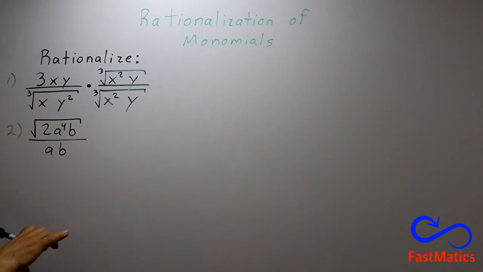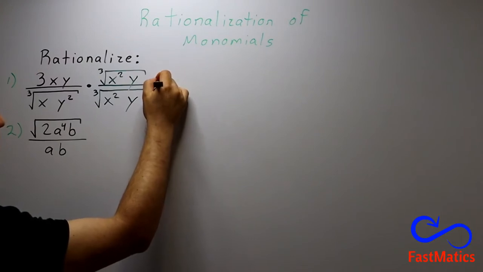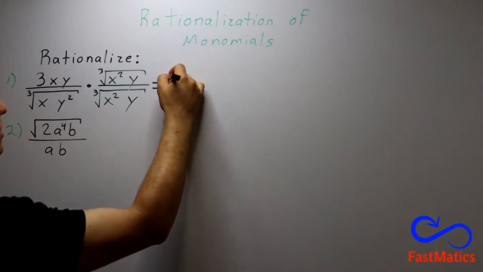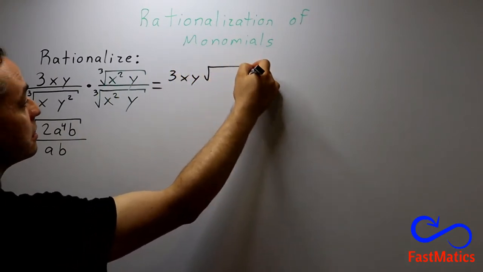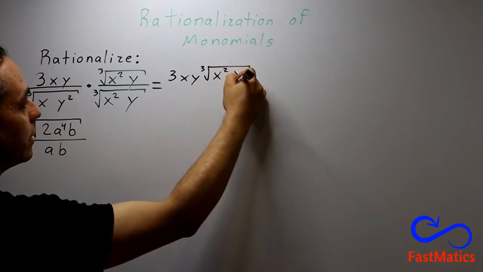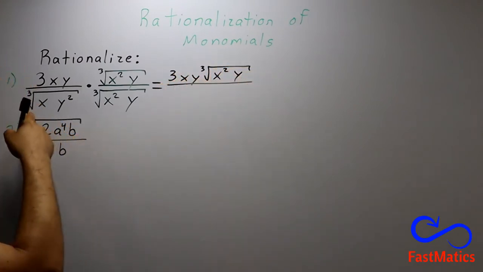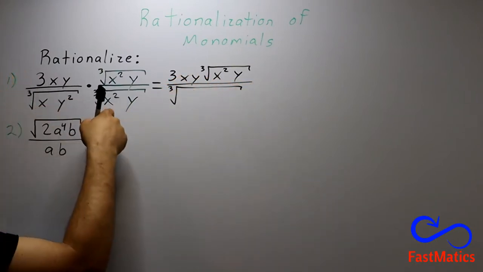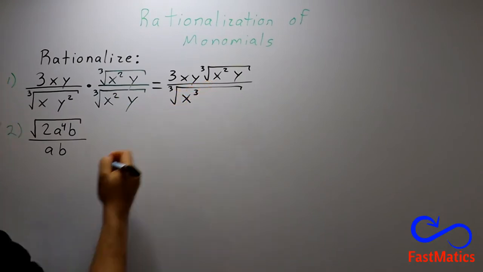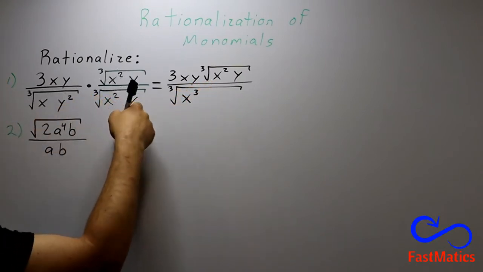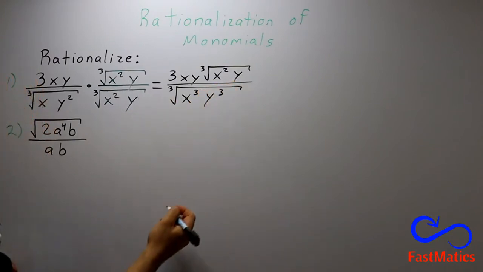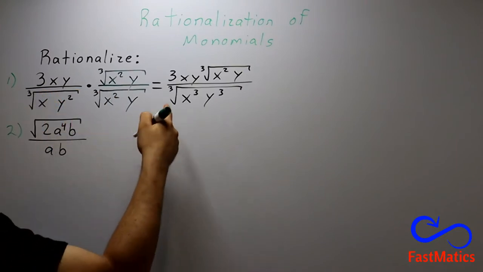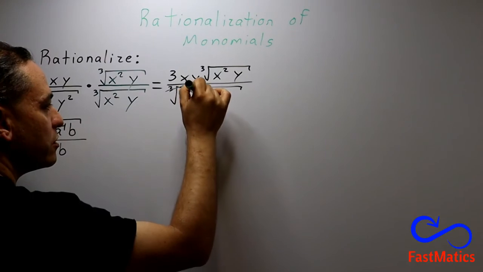And why? If you have not understood, you are going to see. We multiply the numerator 3xy times the cube root of x squared y, over only one cube root of x times x squared, x cubed, y squared times y, y cubed. I have done it intentionally because here we can simplify the cube root with the cube.